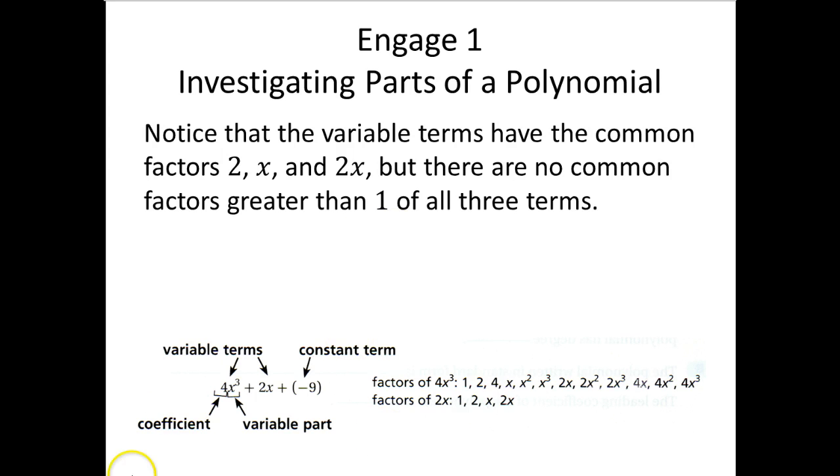Now here, if I'm looking at these variable terms, notice that I just have objects being multiplied together. I have a 4 times an x times an x times an x, 3 times. Here I have a 2 multiplied by an x.